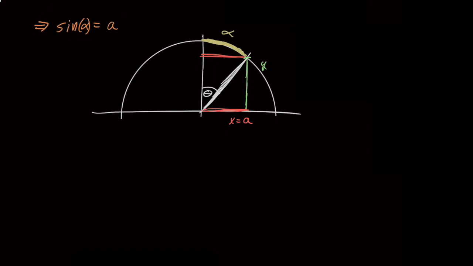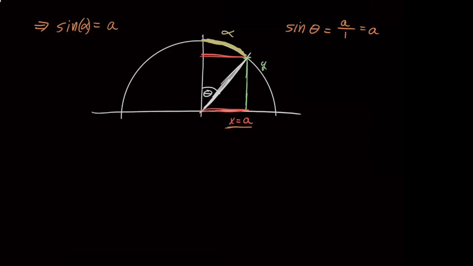So what exactly does this say? We know that the sine of an angle is equal to the opposite over the hypotenuse. So in this case, the sine of theta is equal to the opposite, which is x, equal to a, over the hypotenuse, which is 1, which is equal to a.